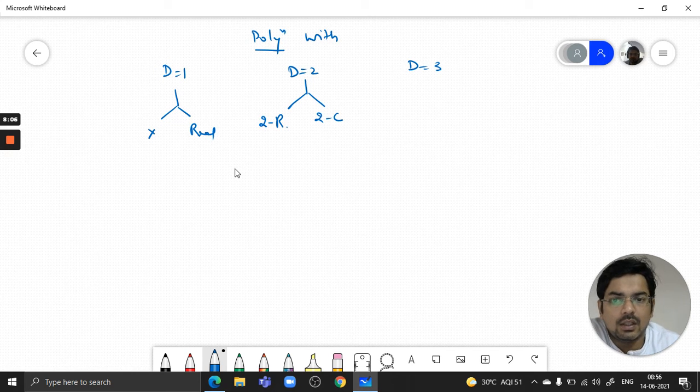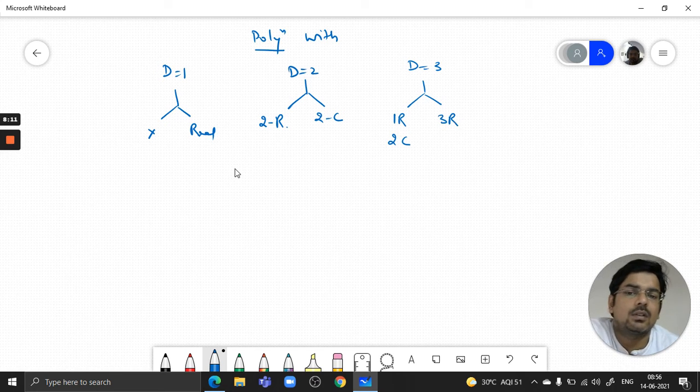If degree is 3, we have 1 real root and 2 complex roots, or we have all the 3 as real roots. See, what happens is whenever a polynomial has a complex root, it will always be in a pair. Complex roots हमेशा conjugate के pairs में होते हैं.